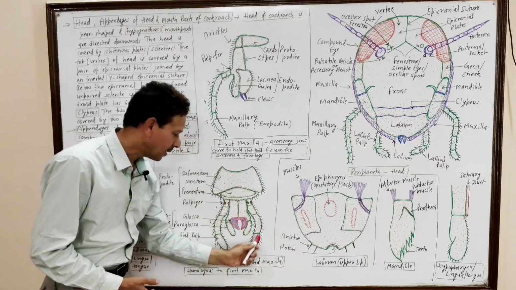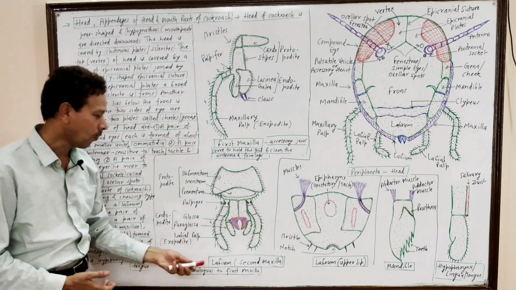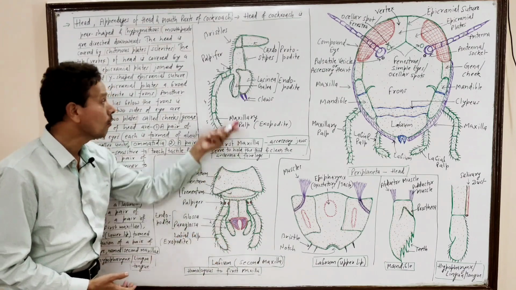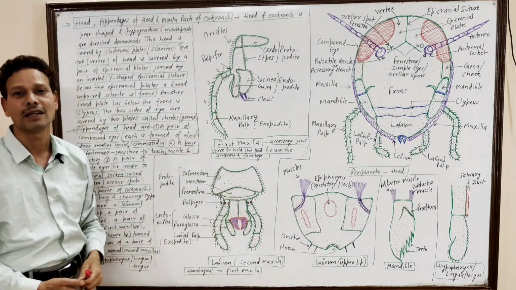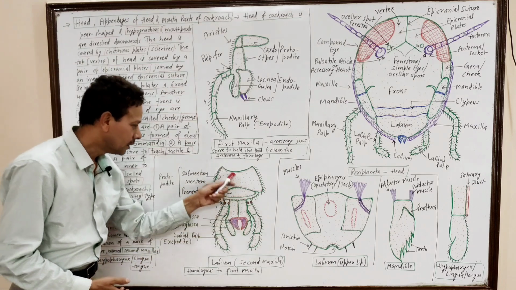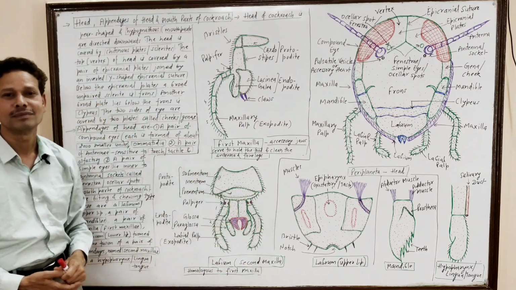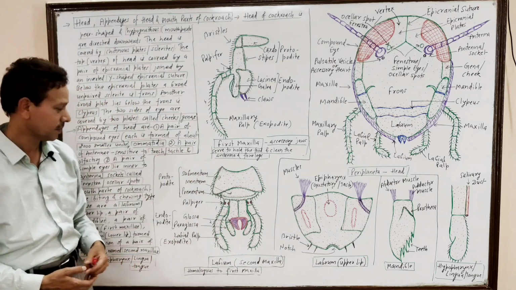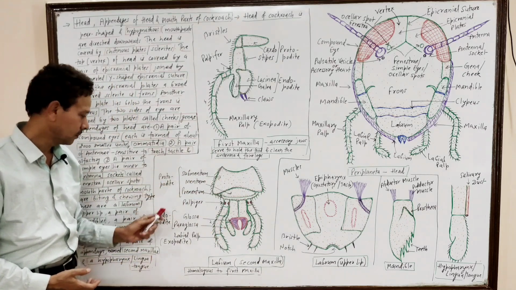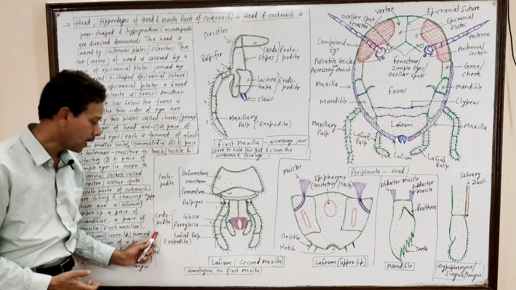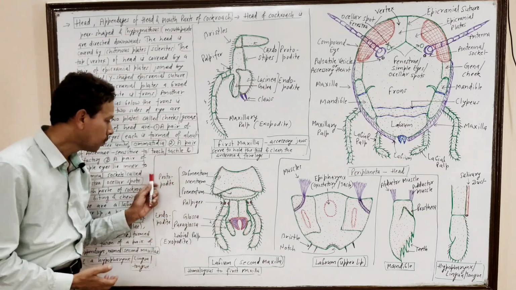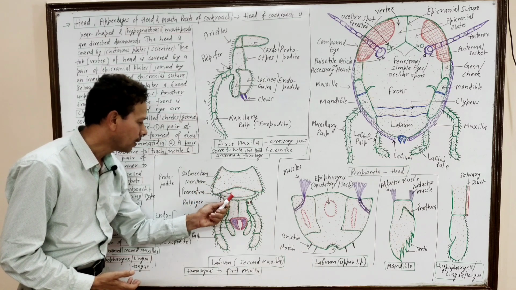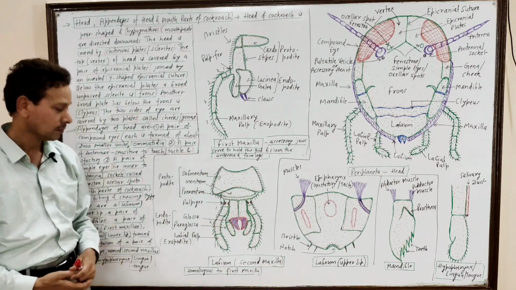And this labium, lower lip, is the second maxilla. This second maxilla is homologous to this first maxilla. Now down, this second maxilla also consists of three parts: protopodite, endopodite, exopodite. And its protopodite has three parts: submentum, mentum and prementum.